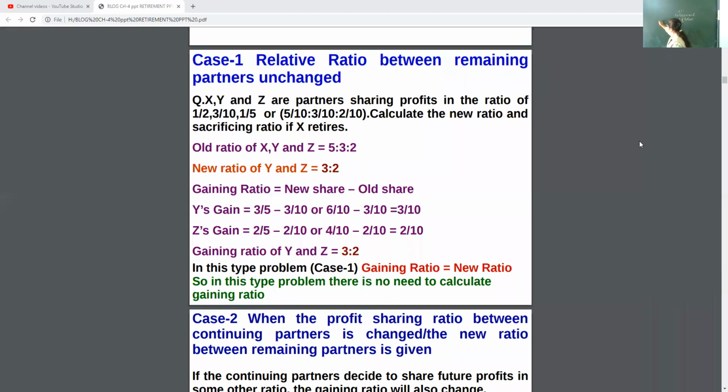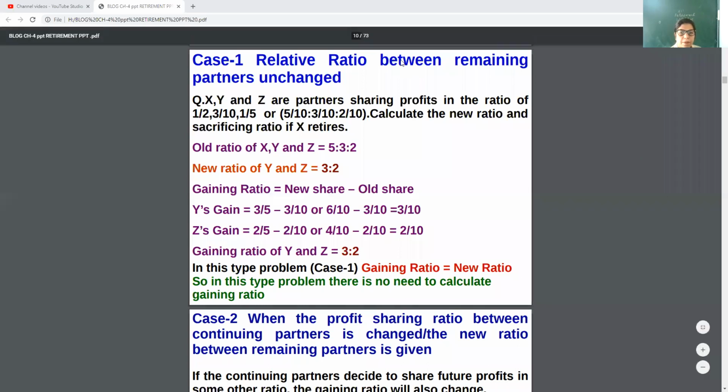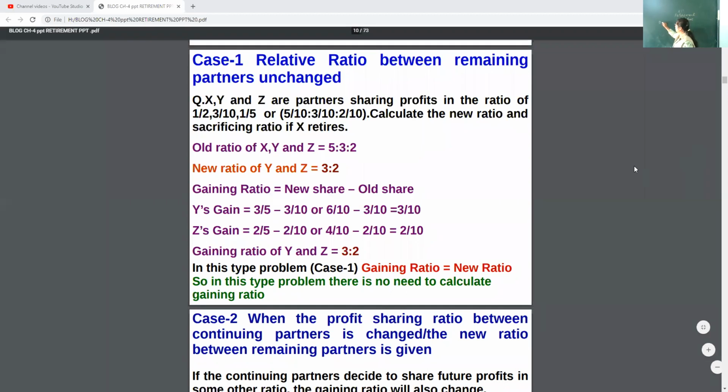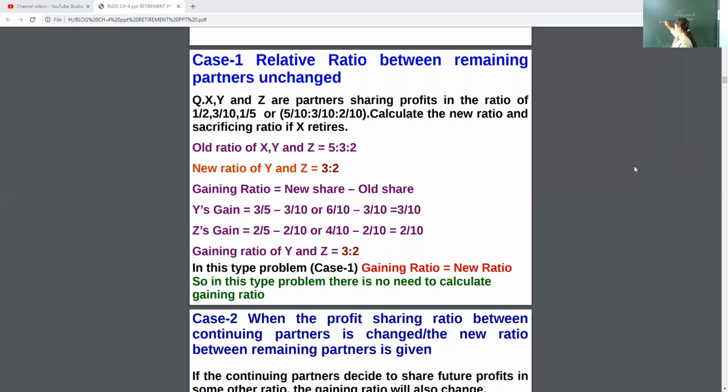First of all, I want to tell you that you should know how to identify which method it is. The first method means only limited information is given.